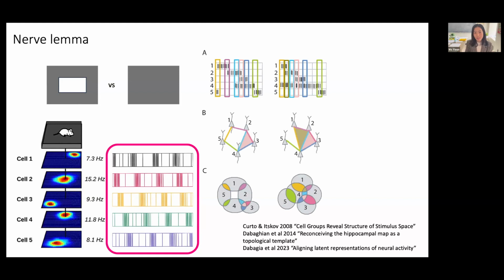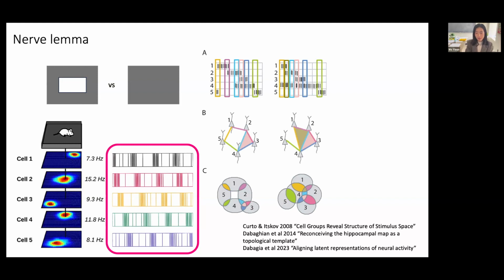So the idea here is that you use the spike trains. Each spike train or neuron can be considered as a vertex in your simplicial complex. And if you have a collection of neurons that are very similar in their spike train patterns, you add simplices to indicate that these are collections with high similarities.